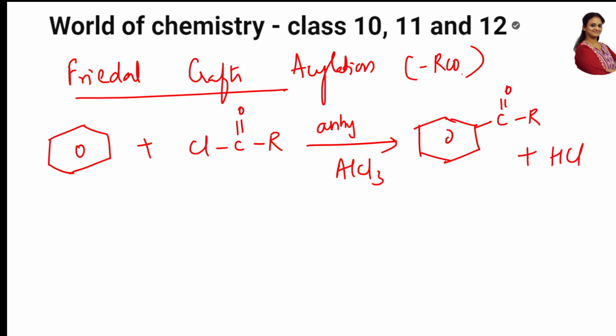That's the difference. Second thing is in Friedel-Crafts acylation reactions, here you're treating with Lewis acid anhydrous AlCl3. It is treated with an acid chloride. So this is an acid chloride, correct? Here you're treating with acid chloride in the presence of anhydrous AlCl3.